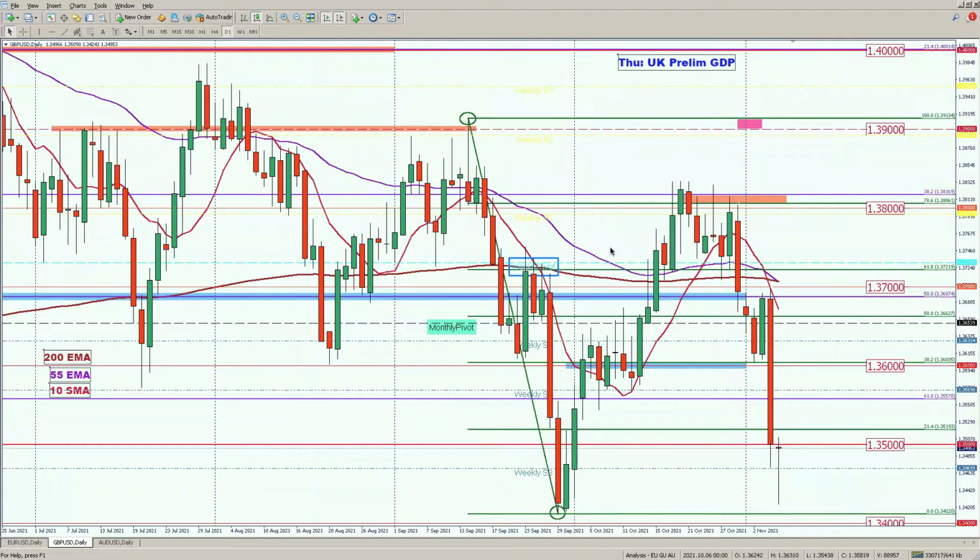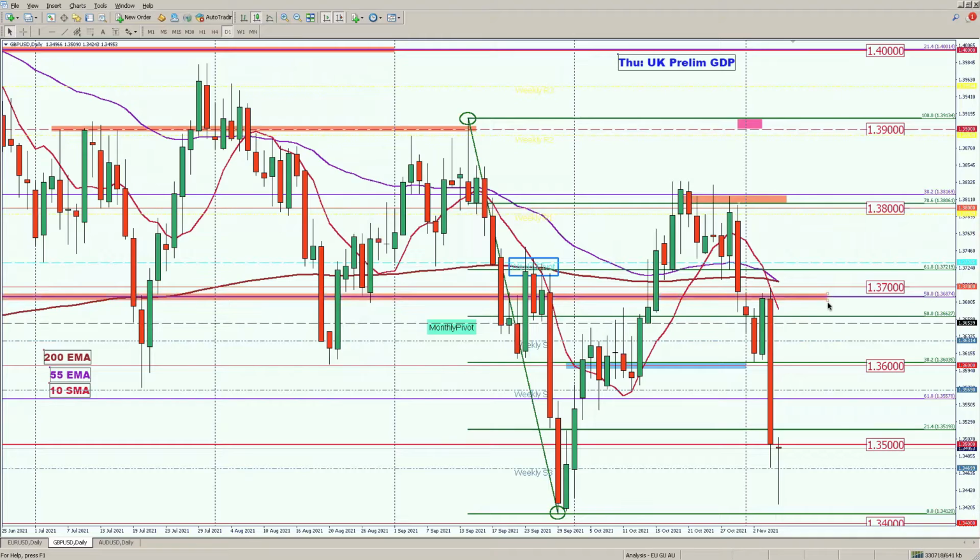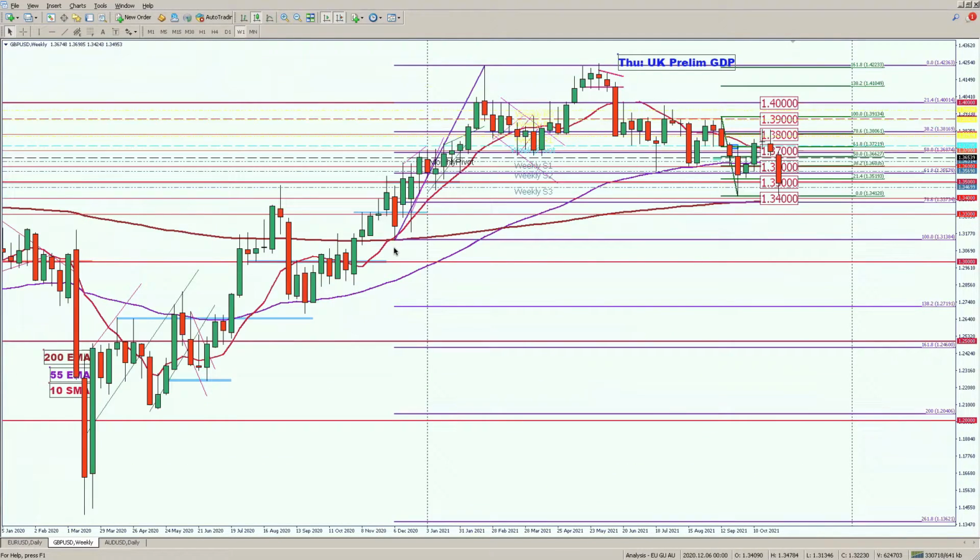Okay, let's go back to the daily time frame. So now these areas are all resistance. That's the 50 fib on the bigger time frame. If we take a look, this is the swing move up.